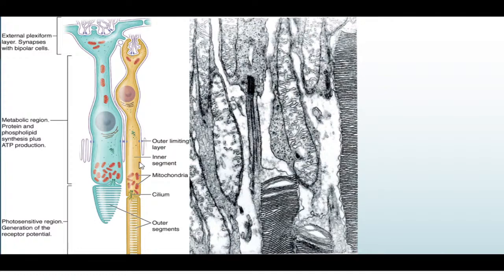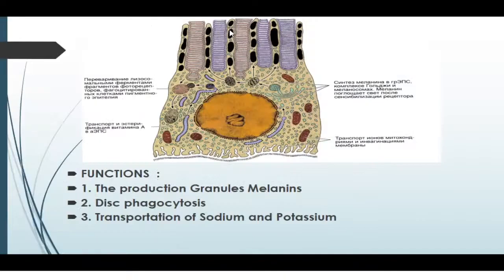We have also seen a lot of mitochondria in cones, more than in rods. We have also seen cilia, a special junction between outer and inner segments, and mitochondria are visible.